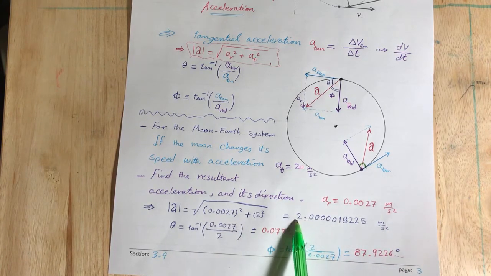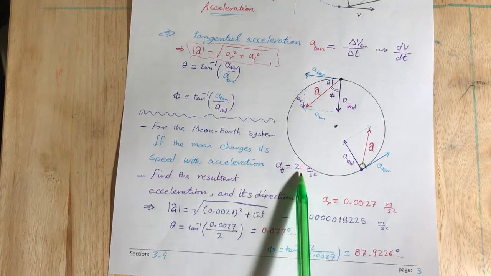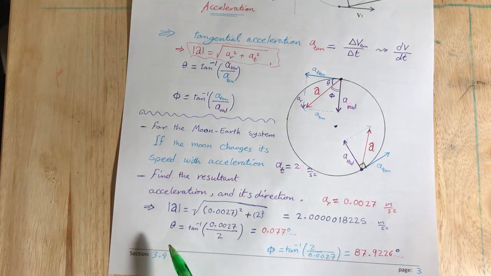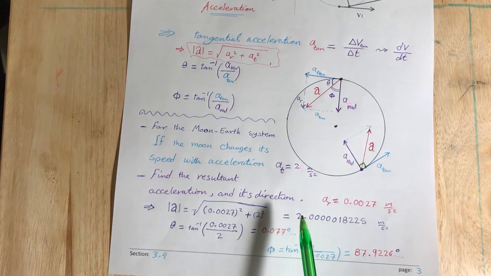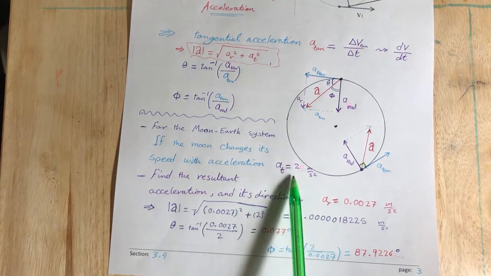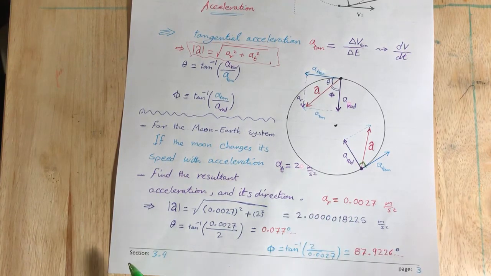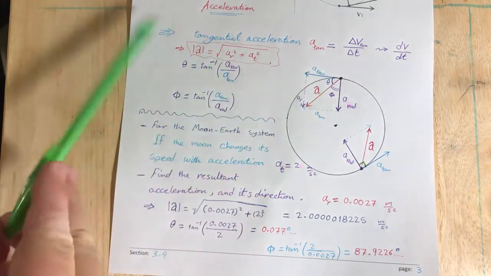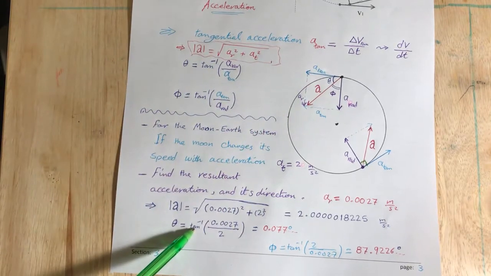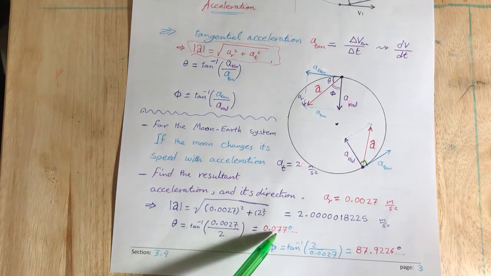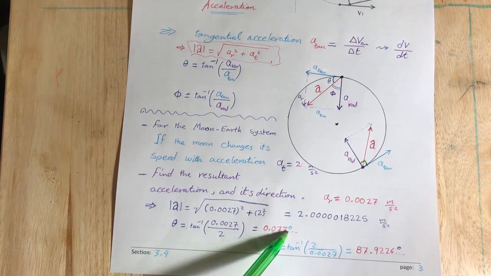It is near to a tangential because a tangential is way more than a radial. We have a resultant, but it is almost equal to a tangential, if you see that, because this a radial is small. What is theta? This is theta. It is tan inverse of a radial over a tangential, which is equal to 0.077 degrees.